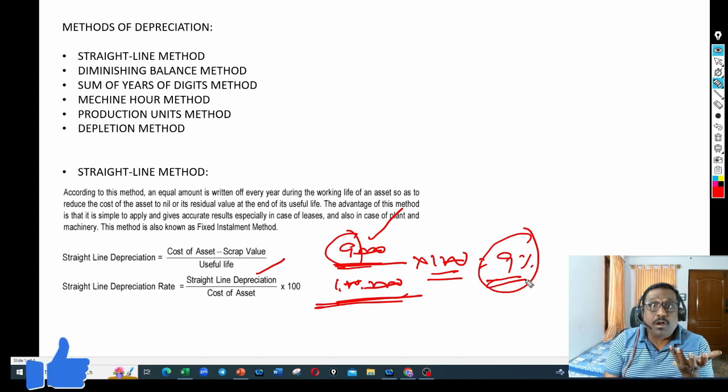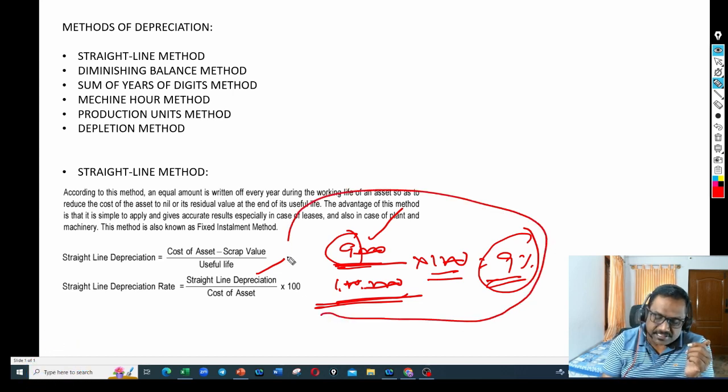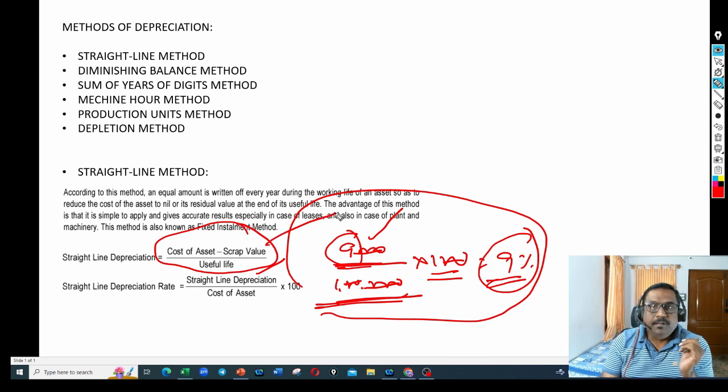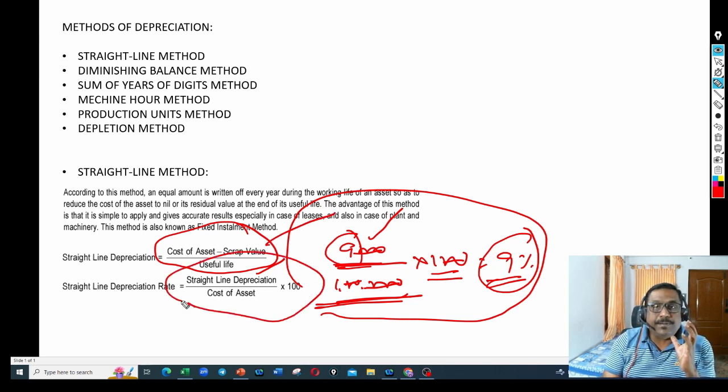If you want to look at it from a percentage point of view, you can calculate your depreciation percentage like this. Clear? I hope you understand the formula for the straight line method of calculating depreciation, and how the depreciation percentage can be calculated when we are following the straight line method.